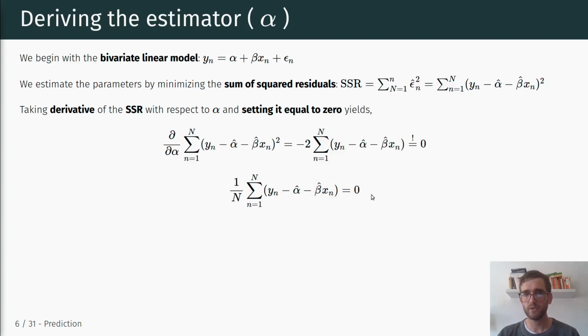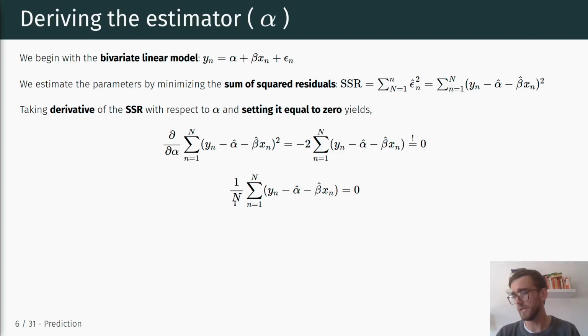Once we divide by n, we can go through this sum from n equals 1 through n, because if you remember the rules for sums, we can separate each of those individual pieces with the sum operation. And if we look at each individual piece, 1 divided by n of the sum from n equals 1 through n of yn, that's just y bar. That's just our average y.